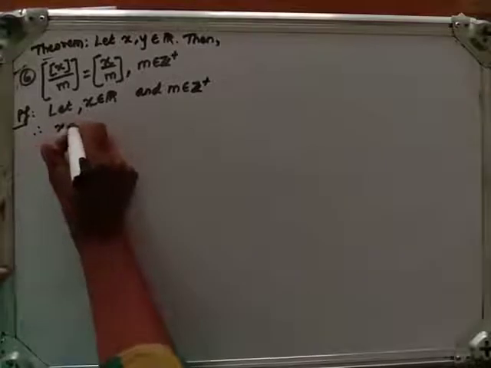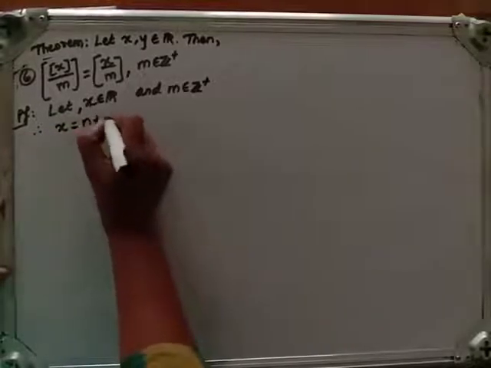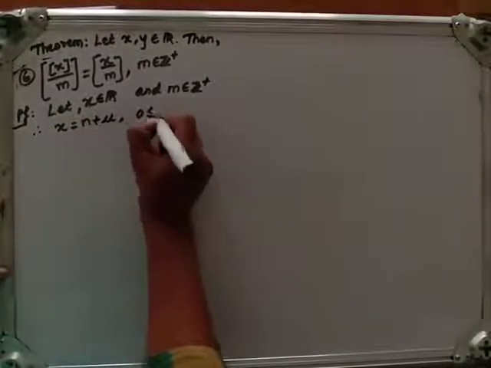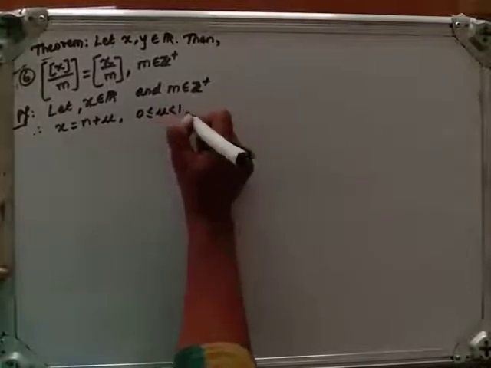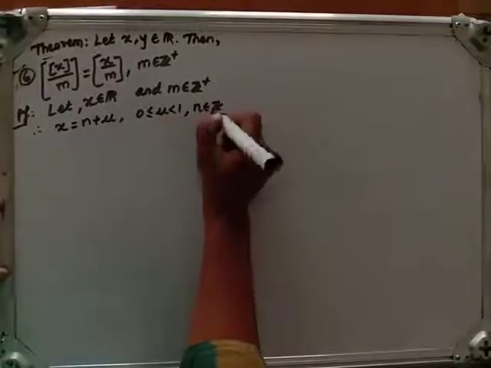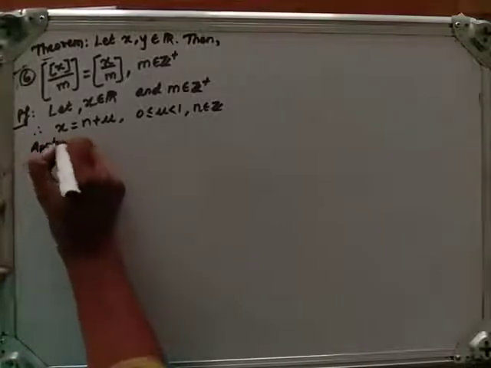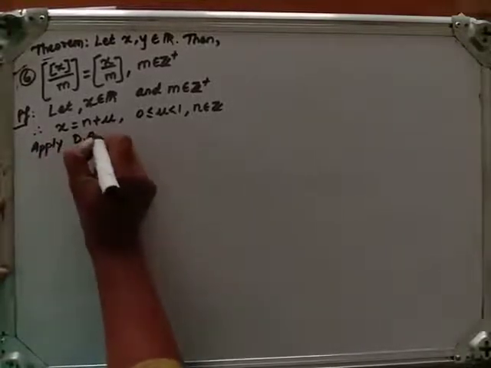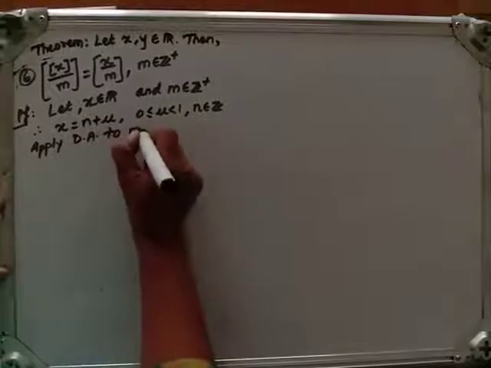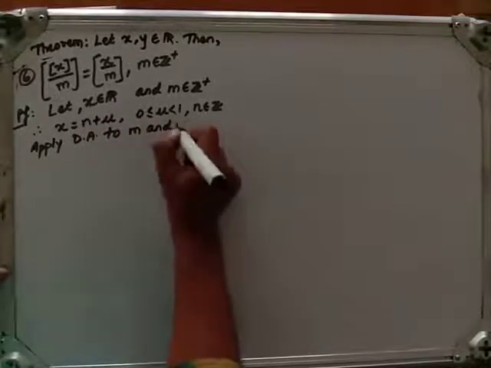Therefore, x equal to n plus mu, where 0 less equal mu less than 1 and n belongs to the set of integers. Apply the division algorithm to m and n.